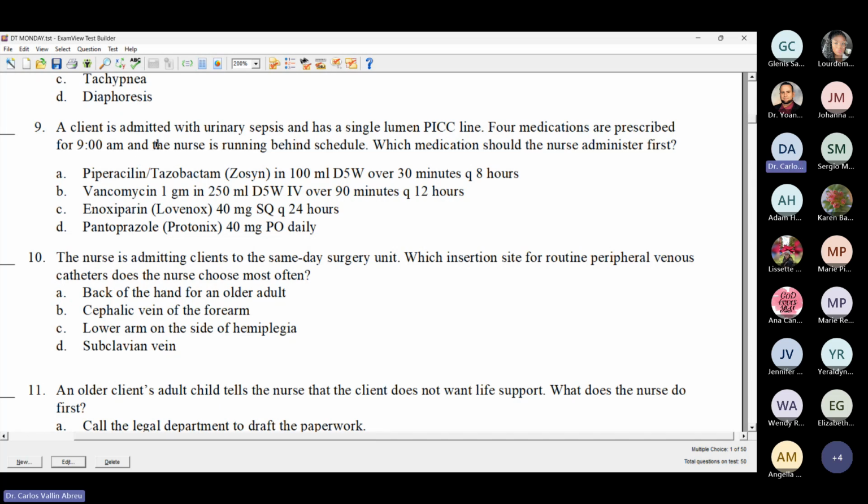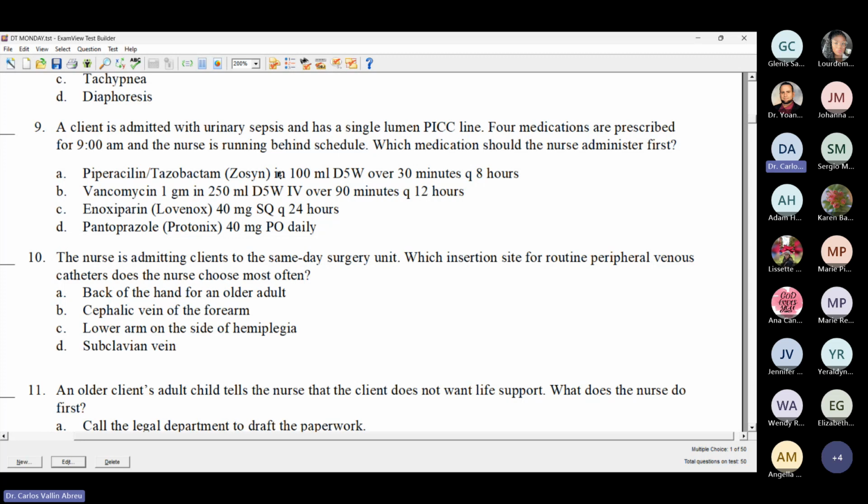So that's why I combine this potent penicillin with the other medication that protects the penicillin from being destroyed. This combination is very efficient, okay? It's very commonly used. It is important for this client with urinary sepsis.